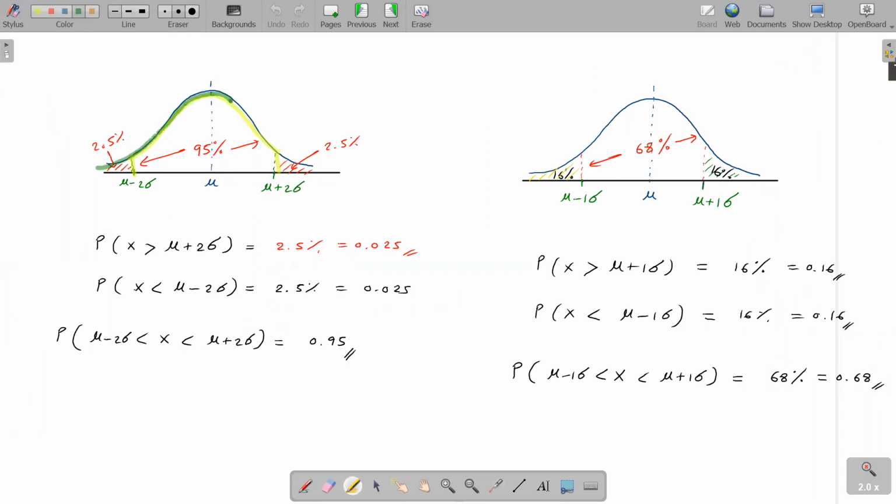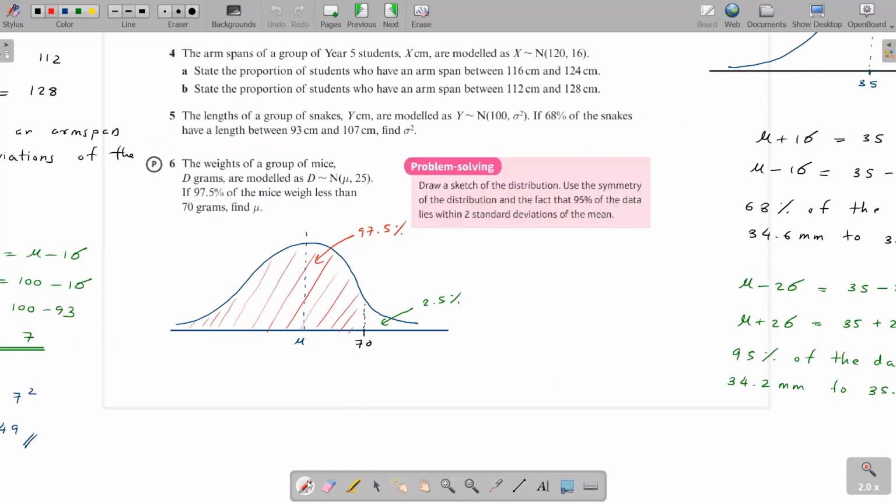Do you guys agree with me? Which means that 70 here represents what? The 70 is falling over here and 70 represents mu plus 2 sigma.